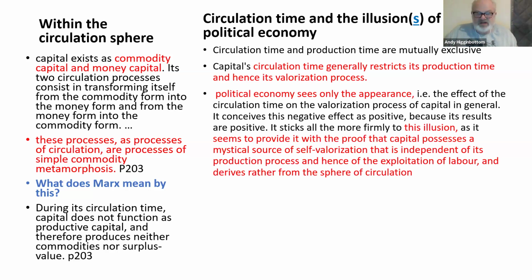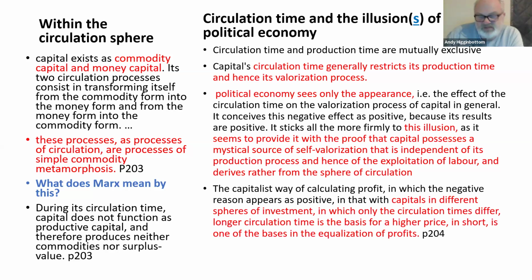So, because circulation is necessary, this gives rise to the illusion that this is where the value is actually produced. And he says it is an illusion, right? That's the point. It separates out the source of the new value from the exploitation of labor.